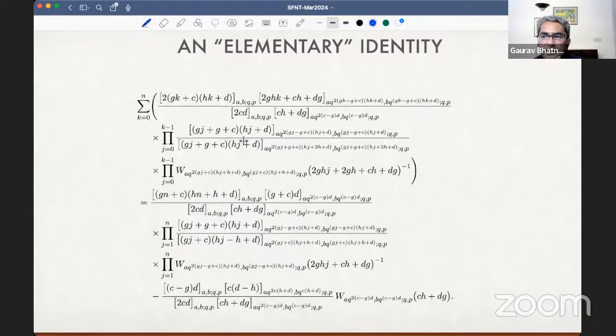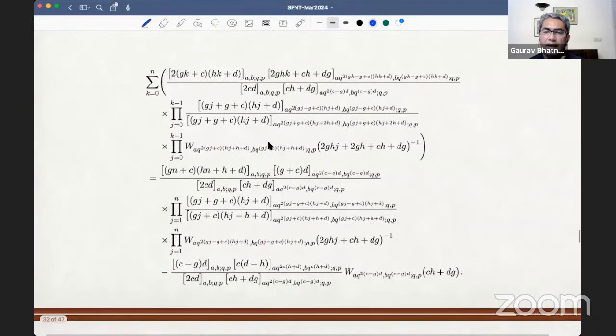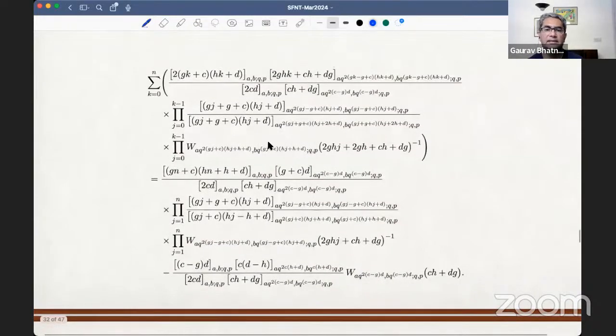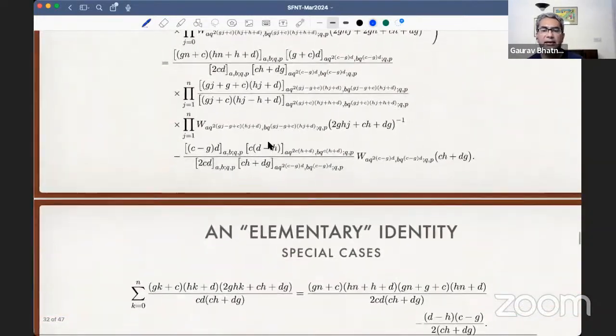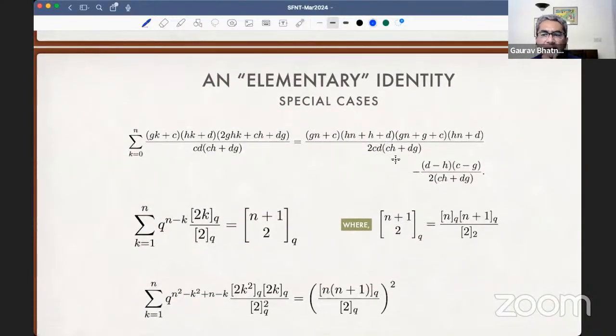Remember, in the A, B, everything 0 case, it's 1 minus q raised to a quadratic power here, and then you're multiplying it. So it's not a q-factorial form. It looks like hell, but in some sense, it's easy.